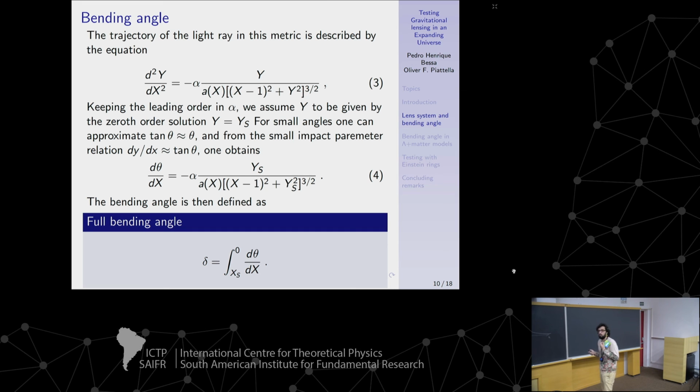Of course, I'm doing some approximation so that I can model my lens system better. However, this is not a trivial thing. I can talk to you about it later, but it's not trivial to define bending angles in arbitrary geometries. You have to understand the null rays of your space-time. And this is just an approximation that allows us to obtain a bunch of really nice analytic expressions, more or less. Okay, thank you.